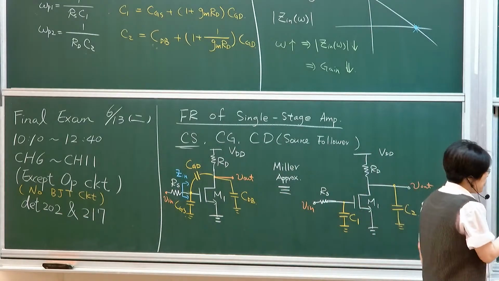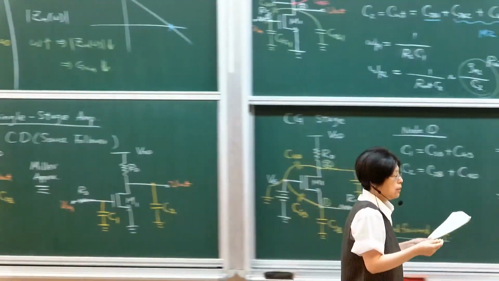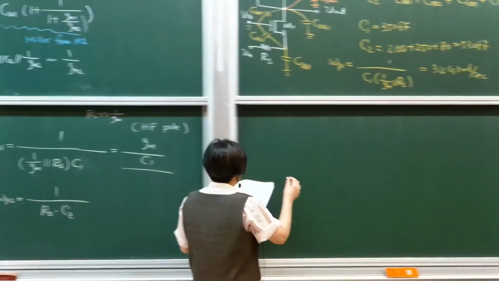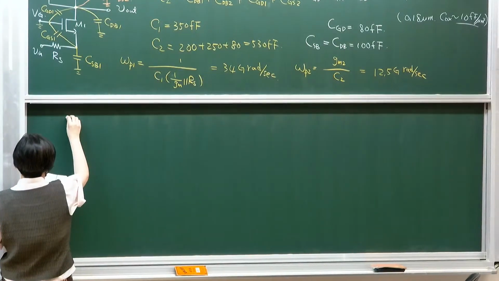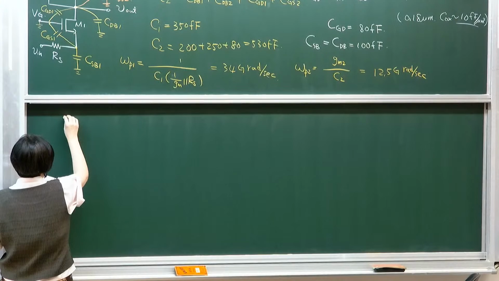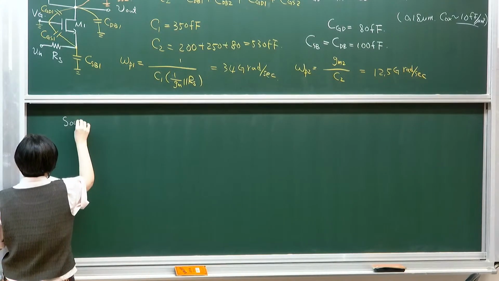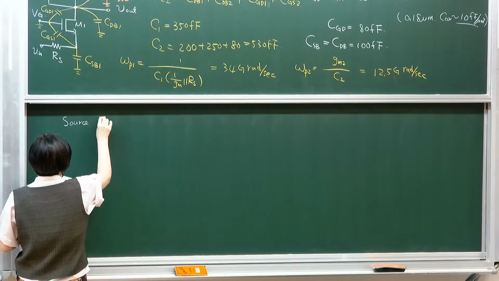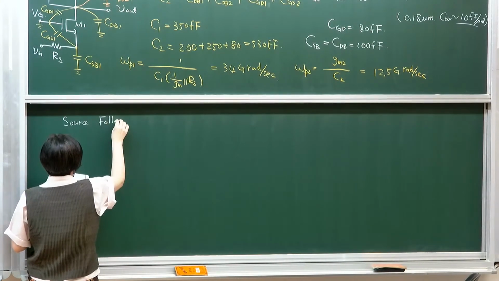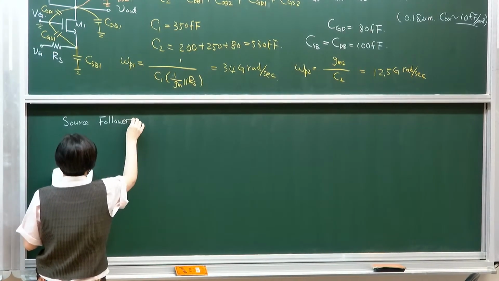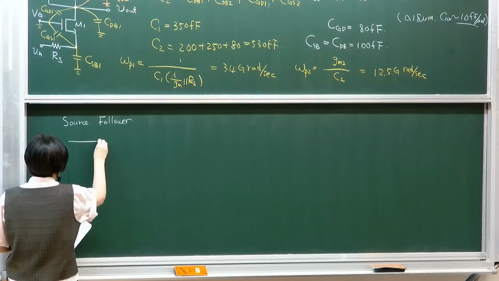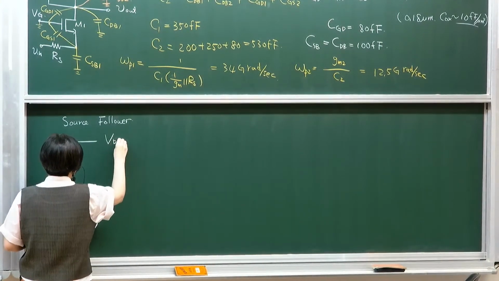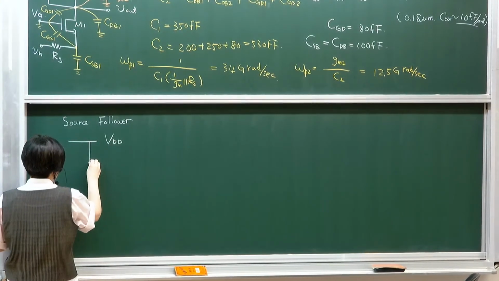And then lastly, we're going to look at the follower circuit. Let's see if I have enough time. So let's look at the follower. For the source follower circuit, once again, you start with your low frequency version.